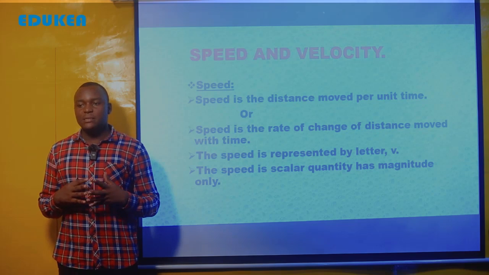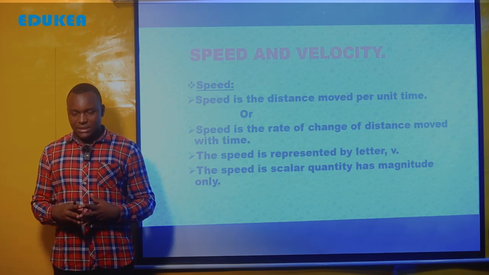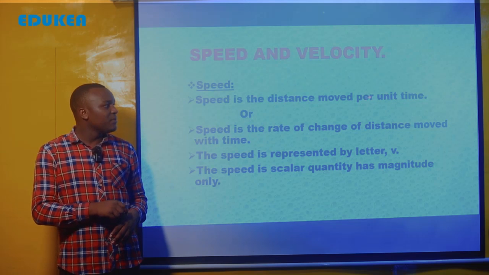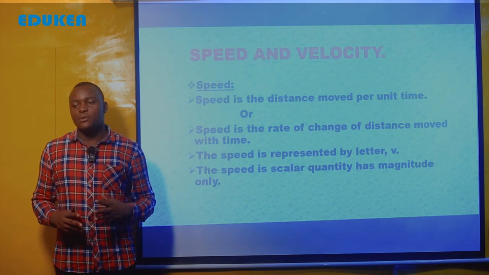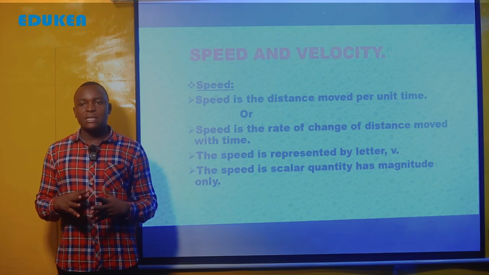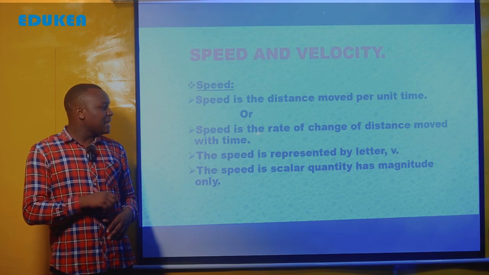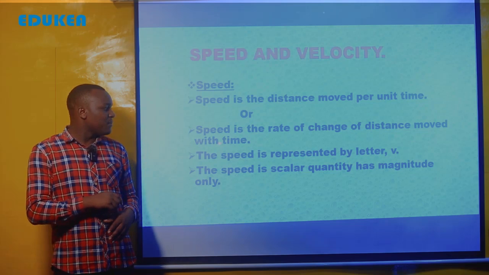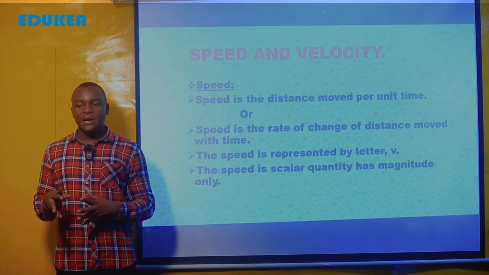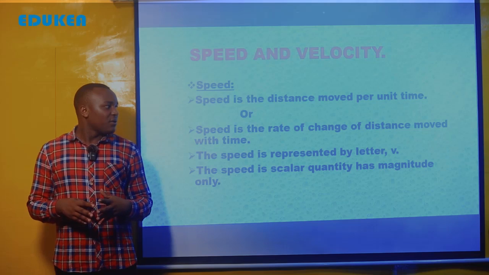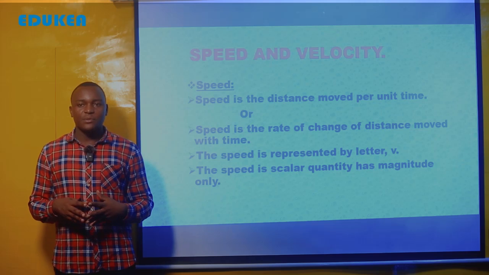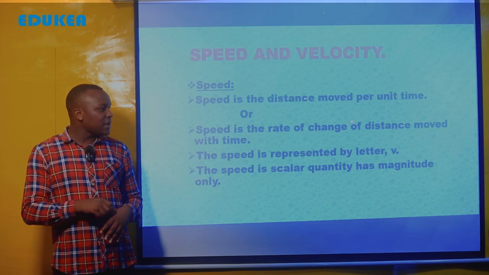Speed is the distance moved per unit time. So the distance moved by an object per unit time is what we call speed. Sometimes we define it as the rate of change of distance moved with time.